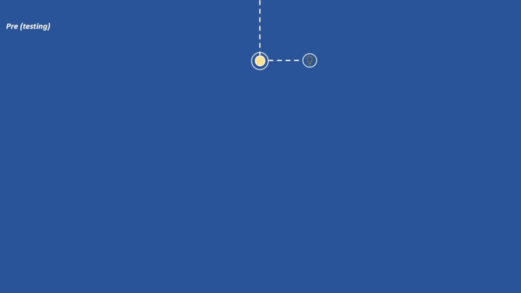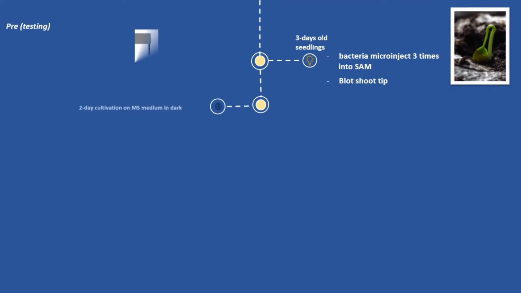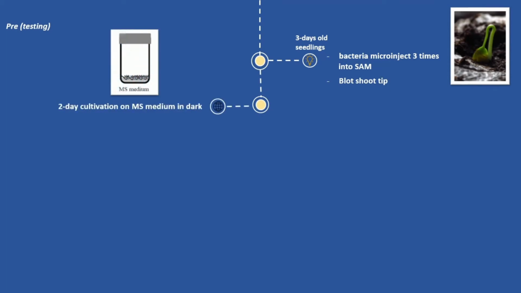The bacteria was microinjected 3 times into the SAM region of shoot tip explants from 3-day-old in vitro germinated seedlings using a needle, followed by blotting the shoot tips on filter paper. Next, the microinjected SAM of the shoot tips was co-cultivated on MS medium for 2 days in the dark.